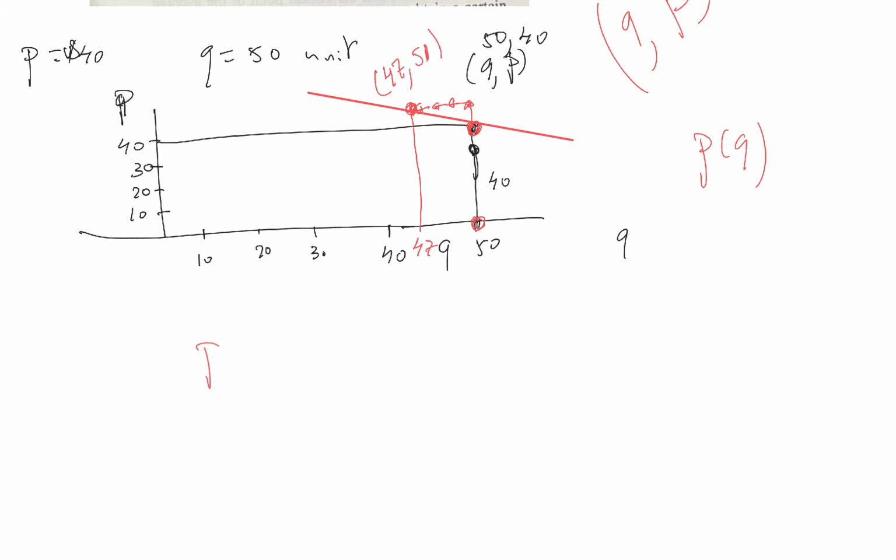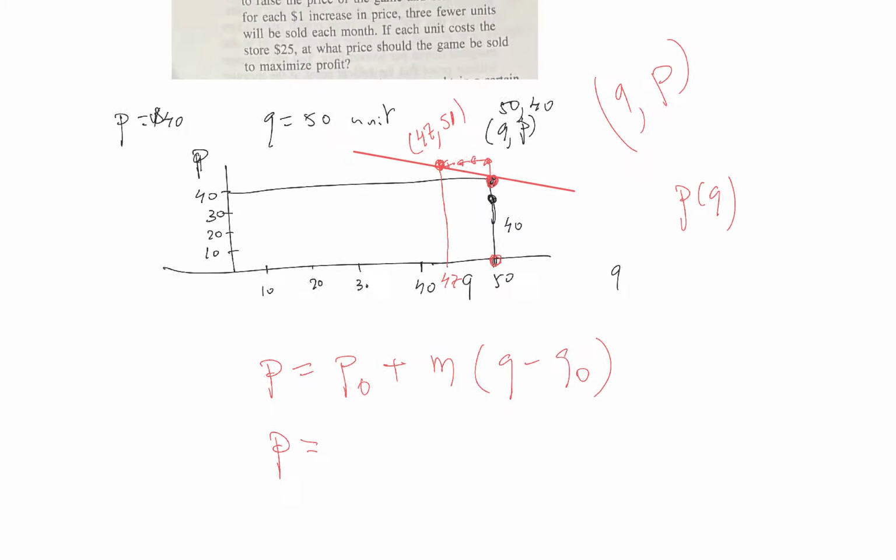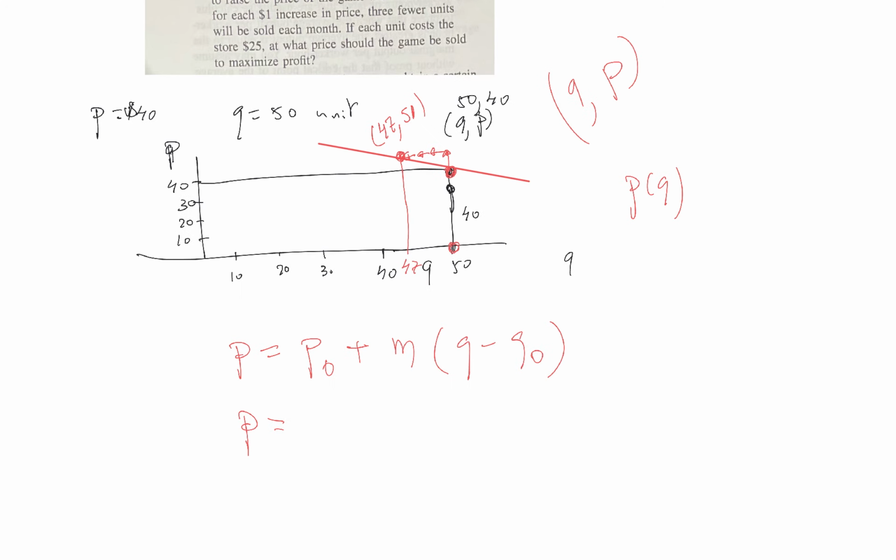P equals P0 plus the slope multiplied by Q minus Q0. The initial point is this one.